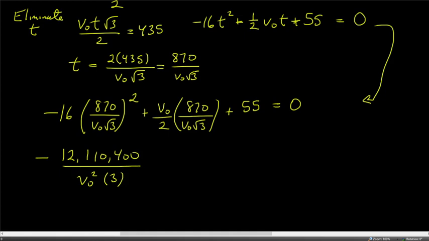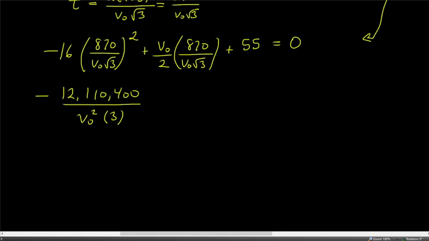And so if you divide by 3, we get negative 4,036,800, all divided by v0 squared. Okay, so that's the first term.